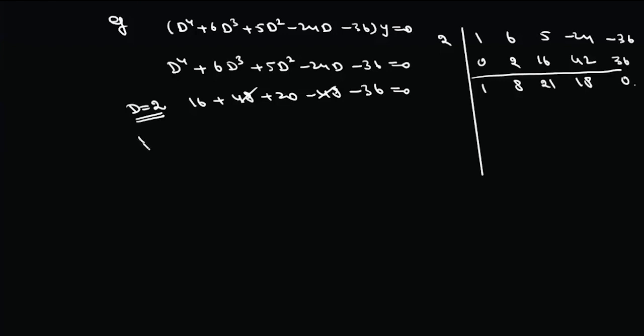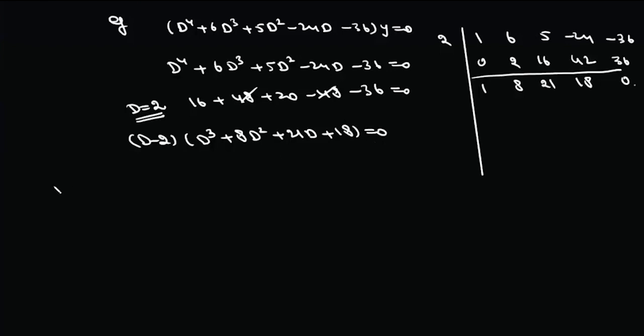So we can factorize this as d minus 2 times d cube plus 8d square plus 21d plus 18 equals 0.